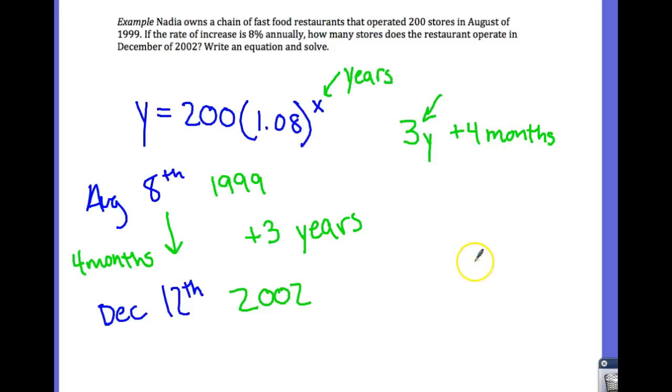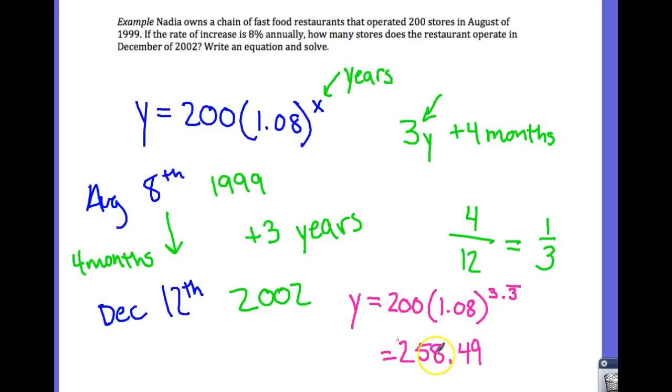3 years is obviously already in years. 4 months is how much of a year? Well, that's the 4 months out of the 12 total months. Simplify that, and this is 1/3 of a year. So x has to be 3 and 1/3.